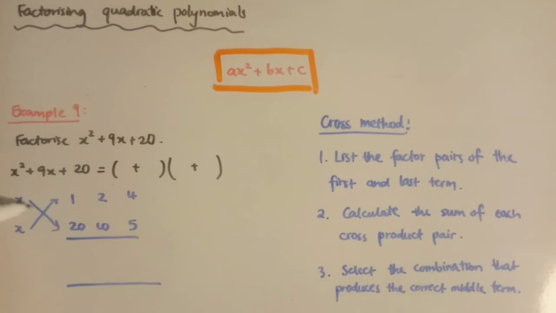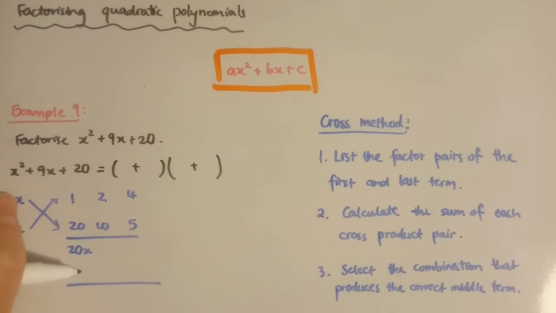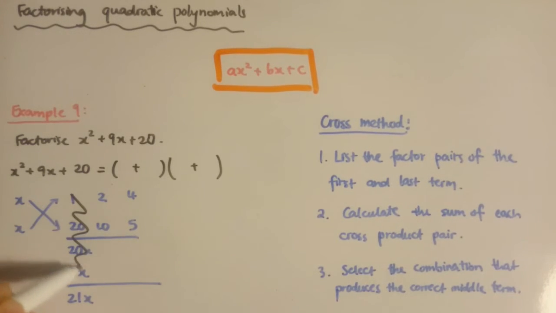So the first one is x times 20, which is 20x, x times 1, which is just x. We want to then sum them up, and we get 21x. We're looking for 9x, so that 21x is wrong. I'm just going to cross that out, and we'll have a look at the second one.